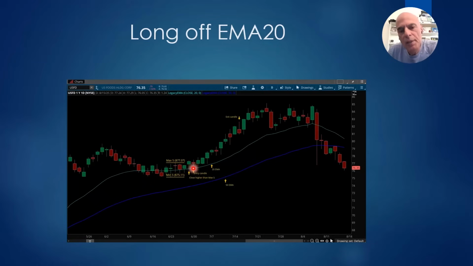And we exit either when the rate of change for 10 days becomes negative or 10 days go by. In this particular instance as well, the rate of change never went negative, and we're exiting after 10 days. So these two examples show when the strategy works perfectly. These are winning trades.